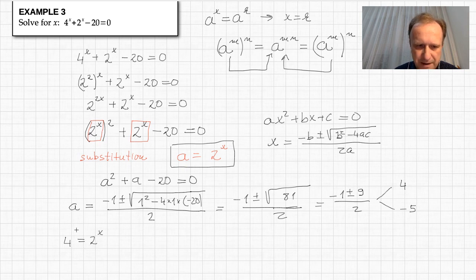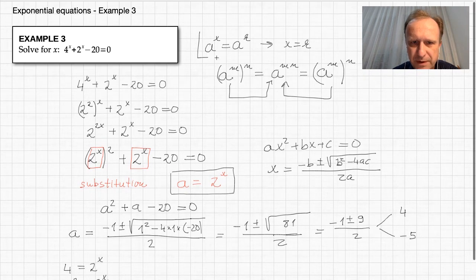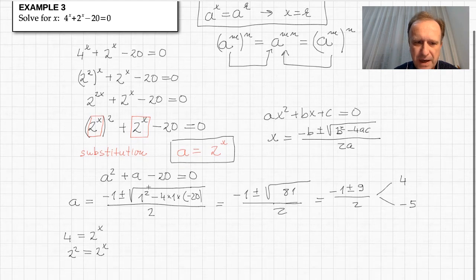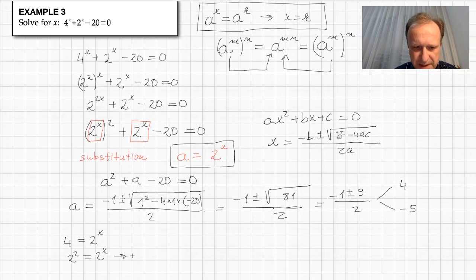Now I can imagine 4 to be 2 to the power of 2, which equals 2 to the power of x, and this allows me to use this basic principle that we use when solving exponential equations, and to state that x must be 2. So this is one possibility, which used the value of a equal to 4.